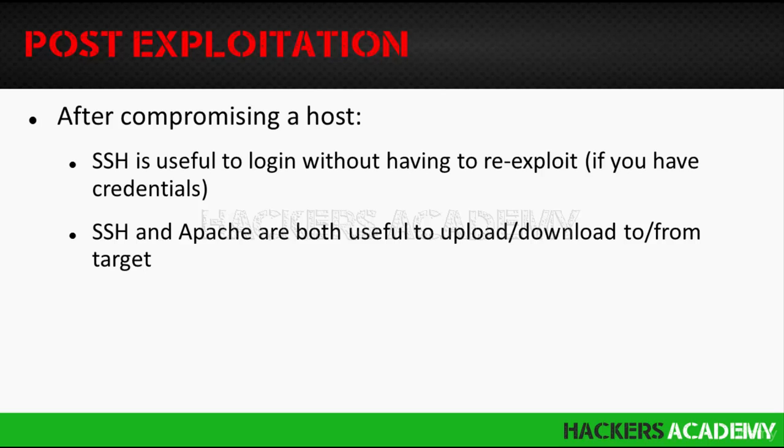So what do you do? You need to upload these from your Kali machine into the compromised host. You do that using either SSH, or to be more specific, SCP, which is secure copy, or using Apache by turning your Kali into a web server and using the compromised machine to download the files from your Kali.